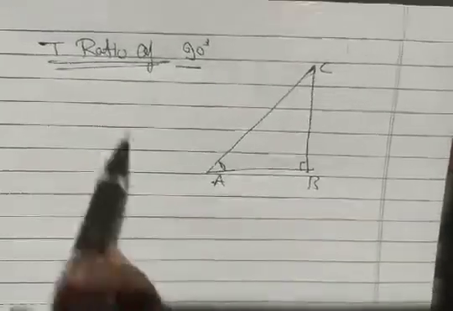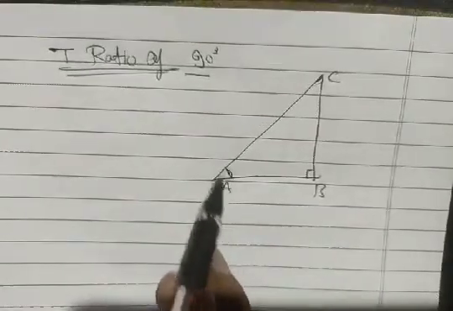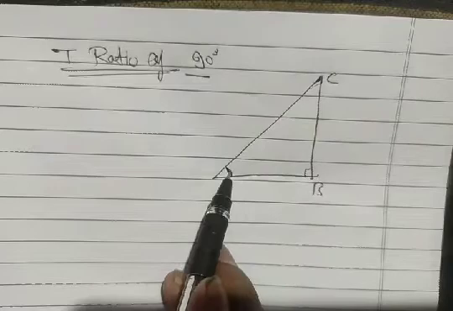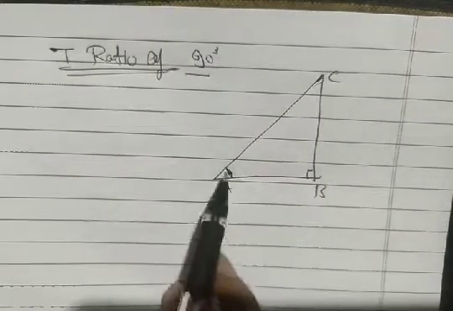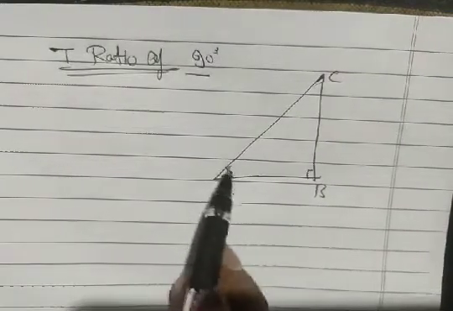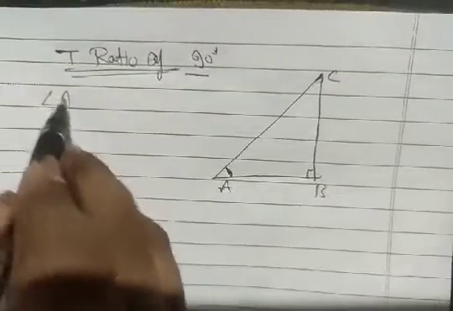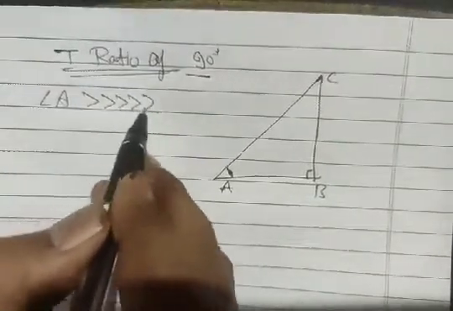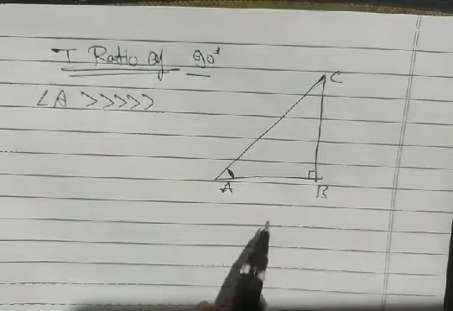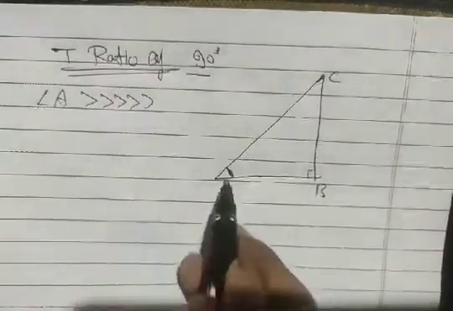Currently it's an acute angle triangle, but we have to make it 90 degree. We make angle A larger and larger in triangle ABC till it becomes 90 degree.